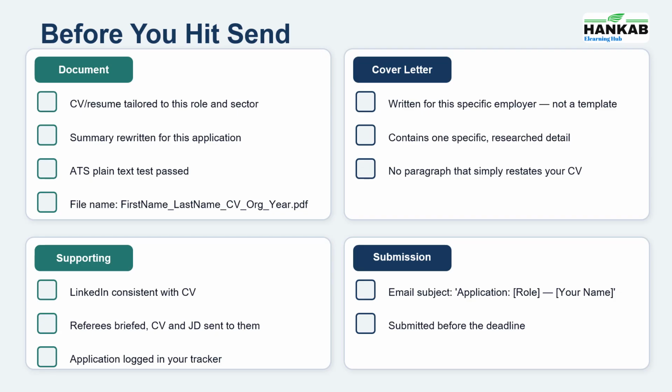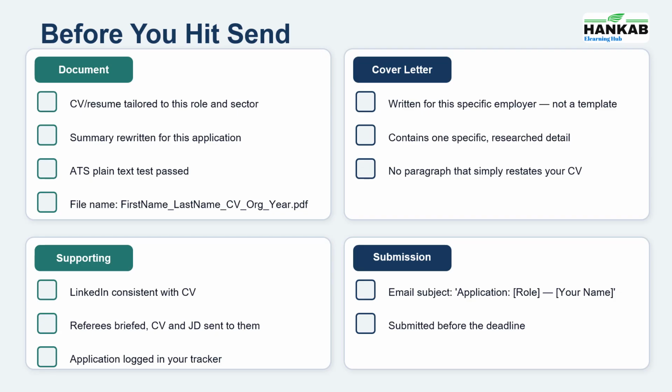Read Section 6.4, assembling and submitting your package, for the full submission guidance, including email format. Rename your CV file using the professional naming convention: first name underscore, last name underscore CV underscore organization name underscore year dot PDF.